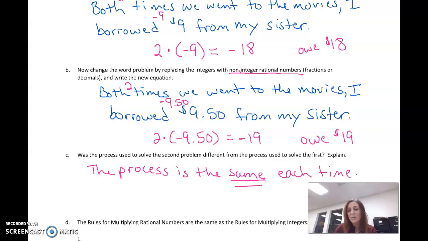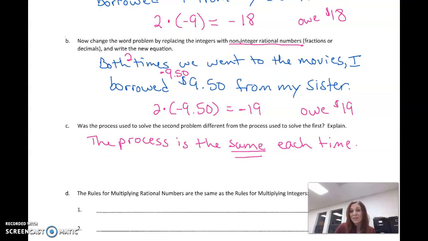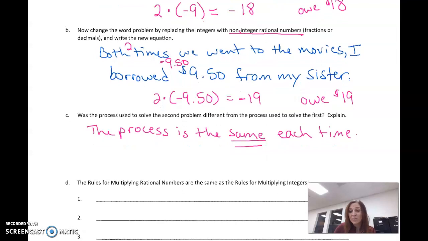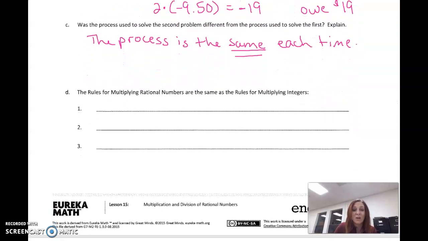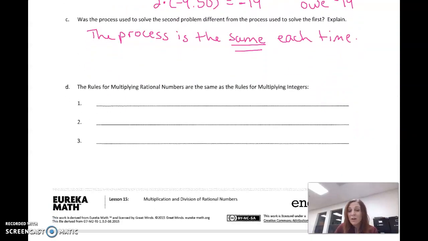So just because we start throwing in some rational numbers, decimals, fractions, we're not changing our multiplication rules. Integers are rational numbers too, but these are not integer rational numbers. Positive times a negative is still going to be negative. Negative times a negative is still going to be positive. So our rules for multiplying rational numbers are the same as the rules for multiplying integers.